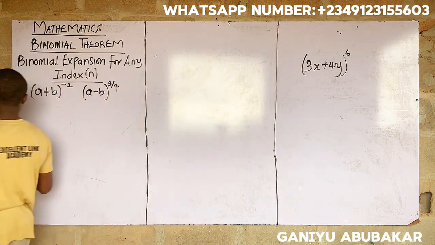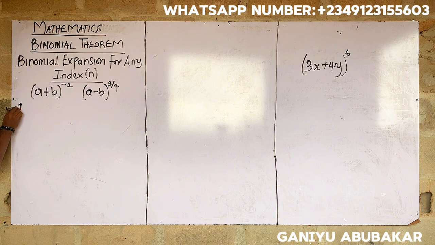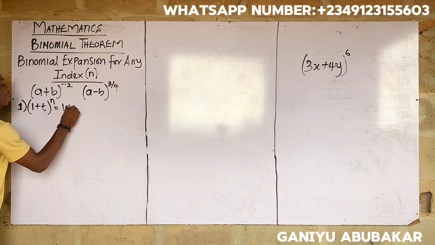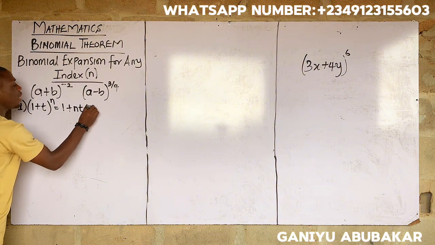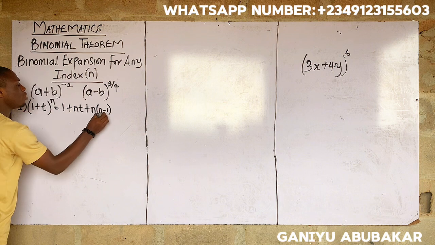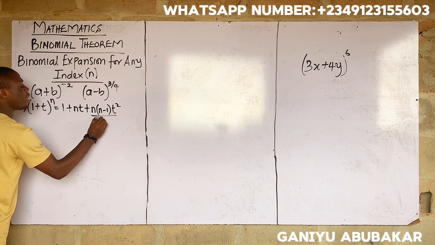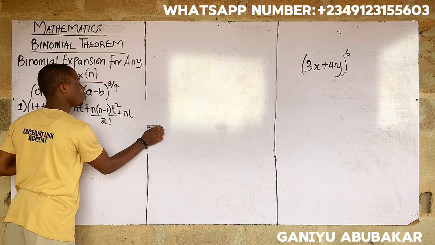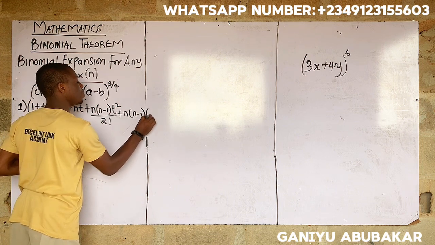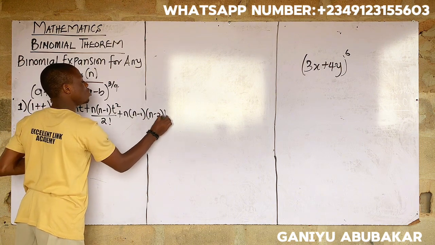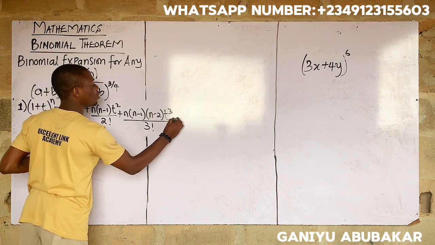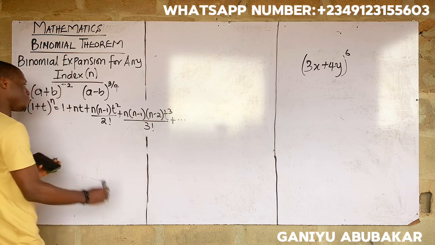The first formula is giving us 1 plus t to power n equal to 1 plus nt plus n into n minus 1 t squared over 2 factorial plus n into n minus 1 into n minus 2 t cubed over 3 factorial plus, and it continues in this pattern.